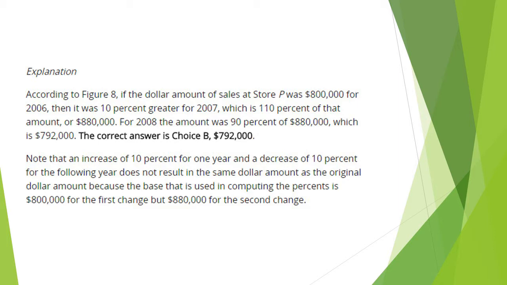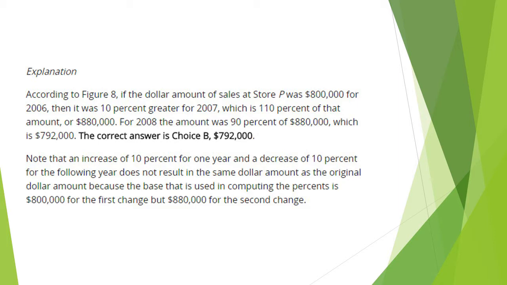According to Figure 8, if the dollar amount of sales at store P was $800,000 for 2006, then it was 10% greater for 2007, which is 110% of that amount, or $880,000. For 2008, the amount was 90% of $880,000, which is $792,000.